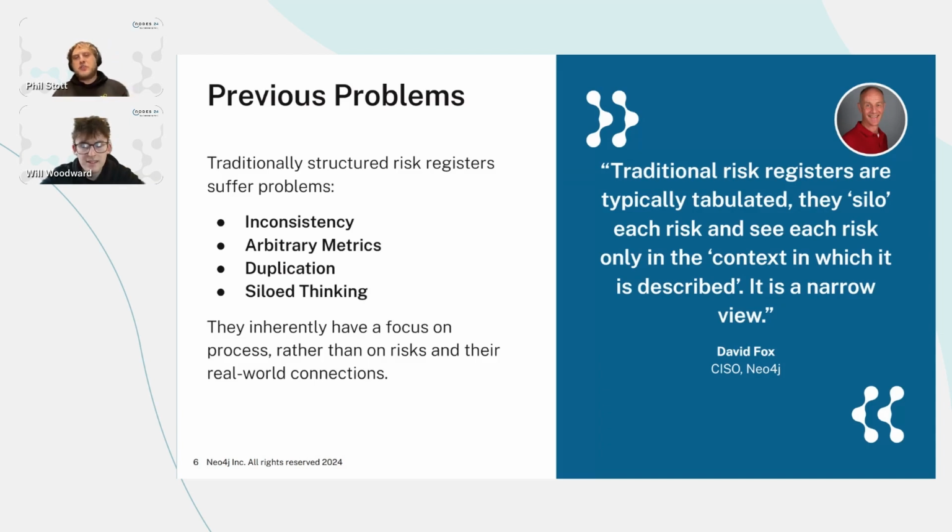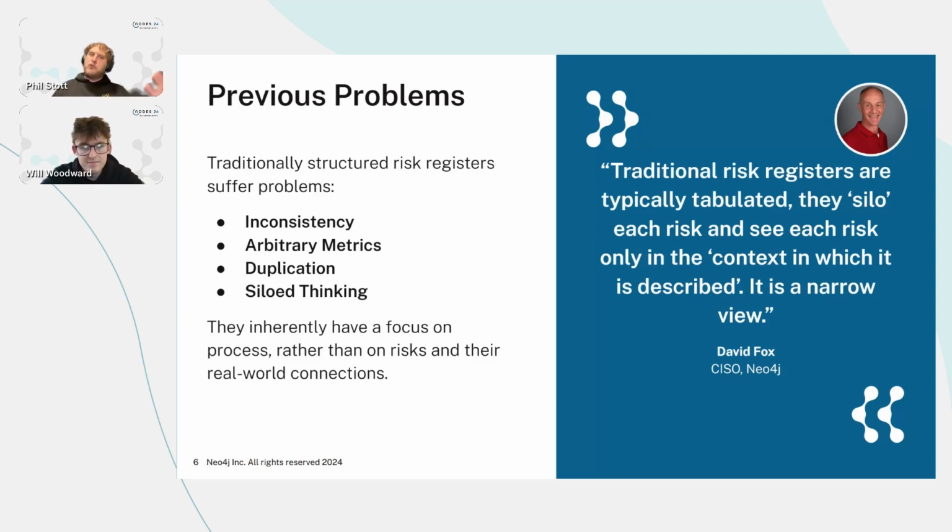The metrics we use to describe the risk can be very arbitrary. My thoughts on a high risk, somebody else's thoughts might not actually be the same. We could use an external guide, but that isn't always reflecting the data that's already there in the risk register. Duplication can be a major one.